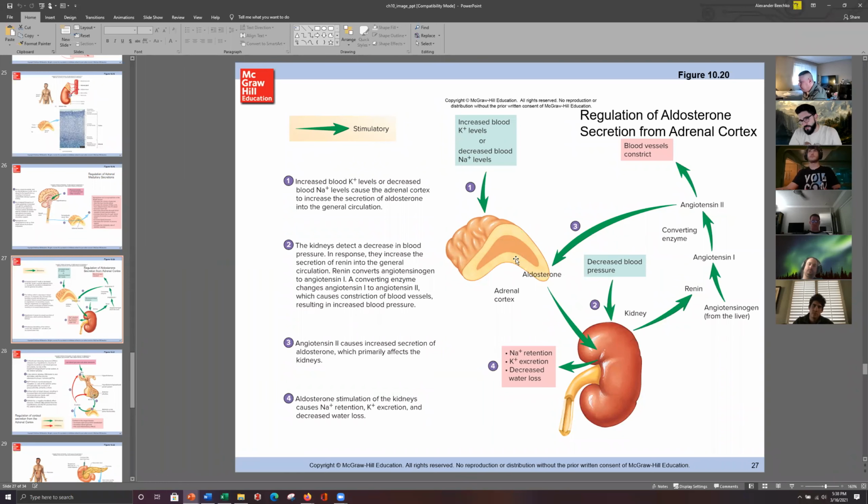Now, angiotensinogen will end up converting into angiotensin 1 and then subsequently angiotensin 2. But in order for that 1 to 2 conversion to happen, the hormone has to go through the lungs, actually.